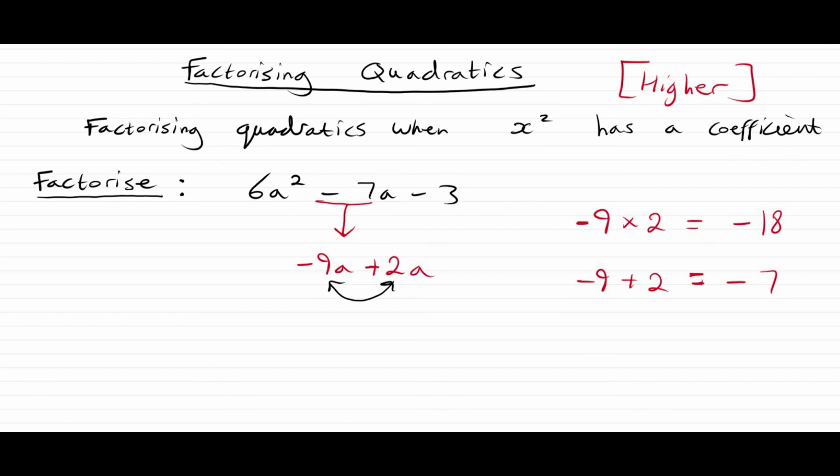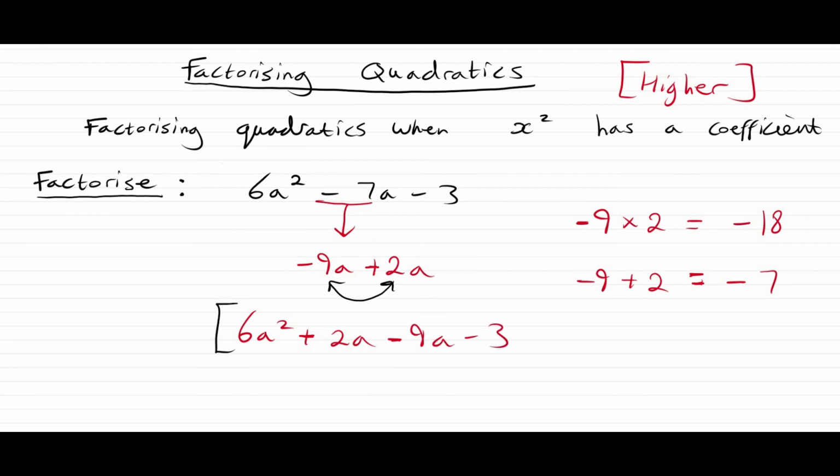So I will have 6a squared plus 2a minus 9a minus 3.